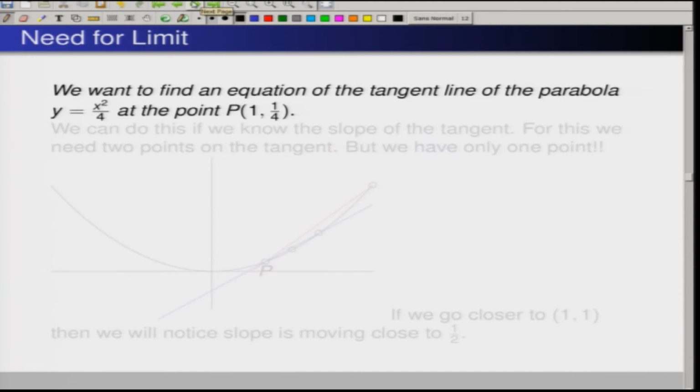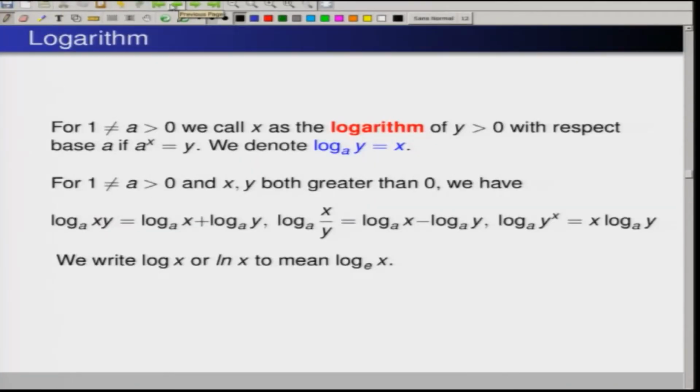Okay. So, till now we have discussed various functions, and we have equipped ourselves with trigonometric functions, the exponential function, and the logarithm function.